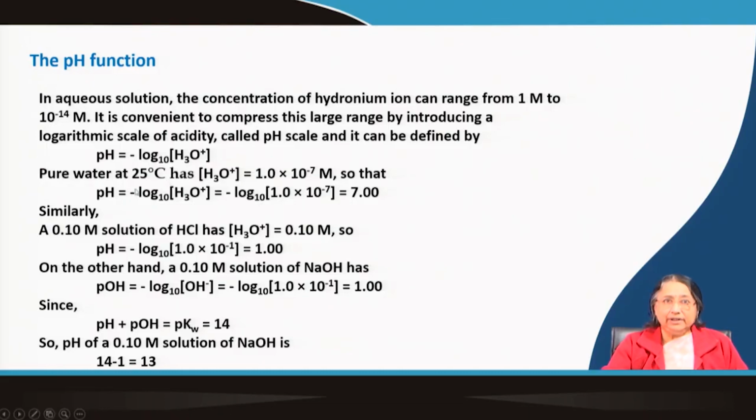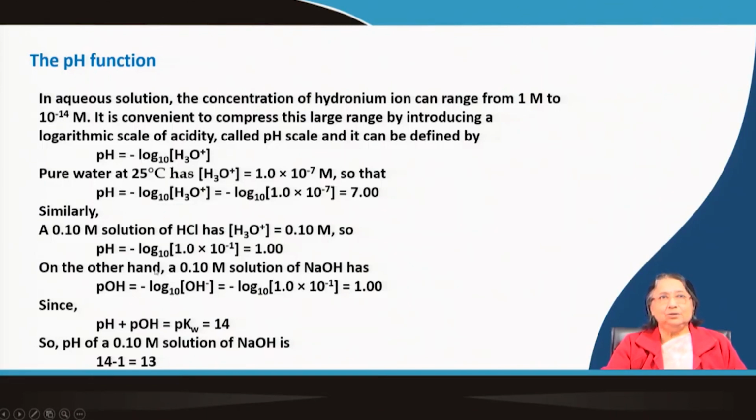But at 25 degrees centigrade, the H3O+ concentration for pure water is 1 into 10 to the power minus 7 molar, and pH therefore is 7.